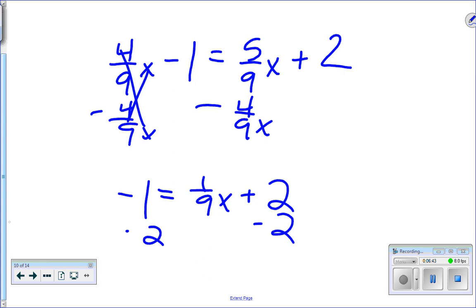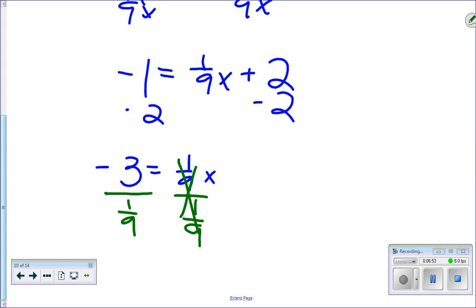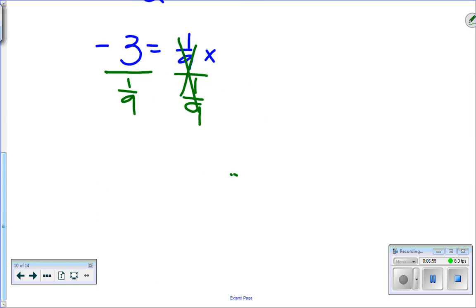So negative 3 equals 1/9 x. Yes, good. I'll use a different color. Then the negative 3 over 1 times 9 over 1 equals negative 27.